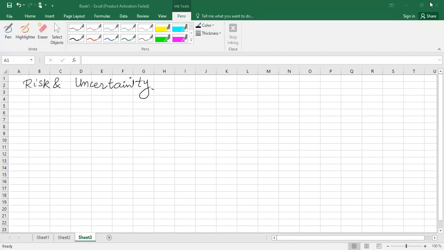Our next topic is risk and uncertainty. Risk means what? Risk is something which is foreseeable. Uncertainty is something which is not foreseeable.